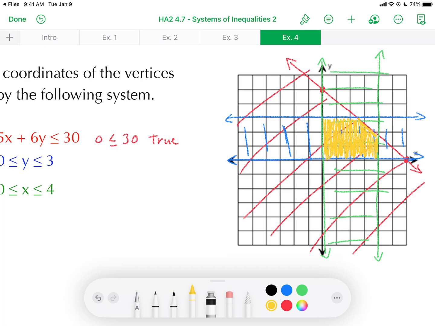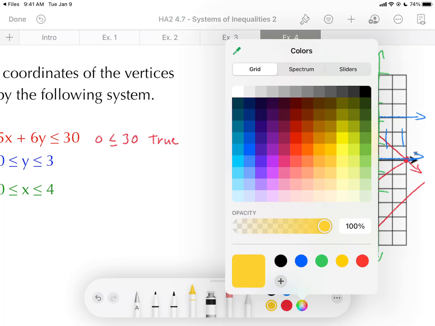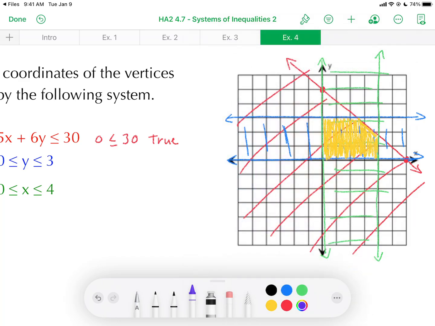So what we want are the coordinates of the vertices of this region that has been formed. So we want coordinates of this point, this point, this point, this one, and this one.